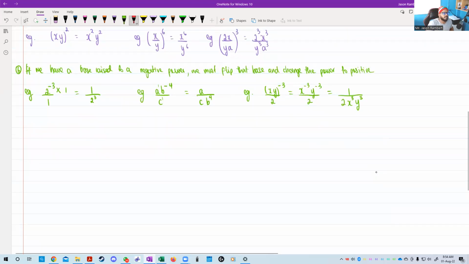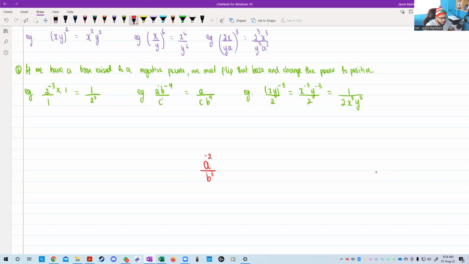If we have a base A over B squared cubed, and I am moving the bases from numerator to denominator or vice versa, I must change the sign on the power. I'm going to put this as a to the -2. I must change the signs on the power.